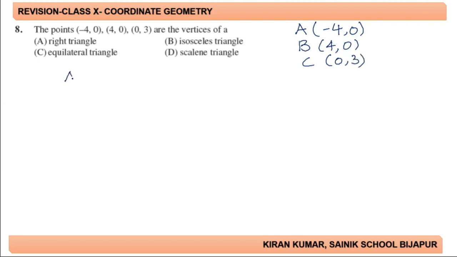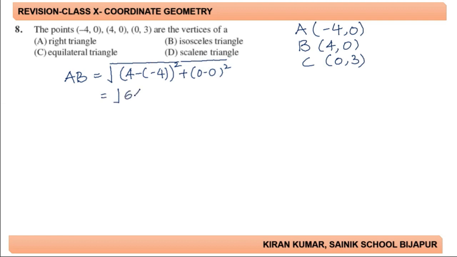Let me find the distance AB using the distance formula. AB will be under root of (x2 minus x1), which is 4 minus of minus 4 whole square, plus 0 minus 0 whole square, and we get the length of AB as root of 64, which is 8 units.